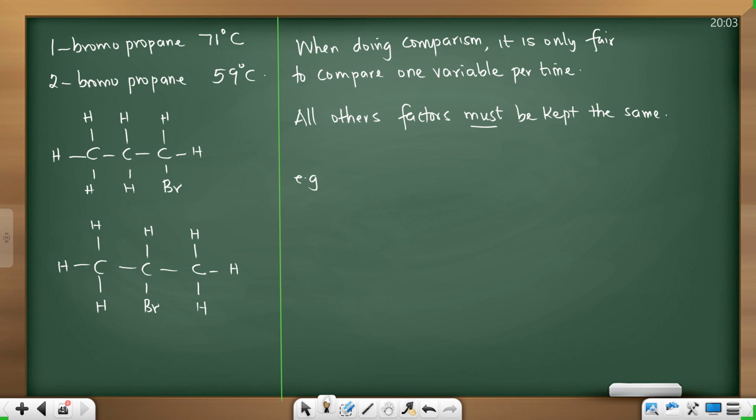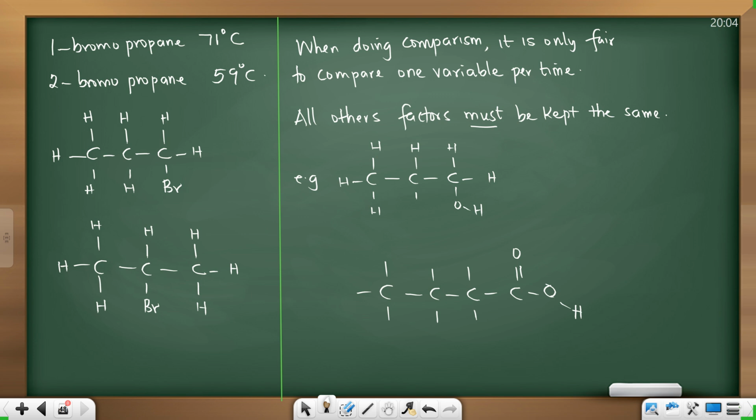For example, if I want to compare this, this is what? Propan-1-ol. I cannot, if I compare with this, this is not a fair comparison. Not a fair comparison.